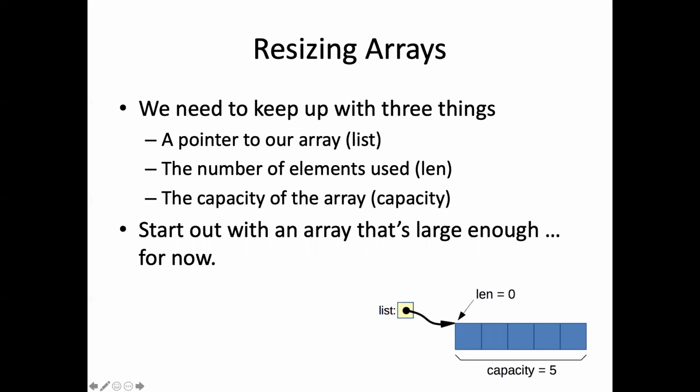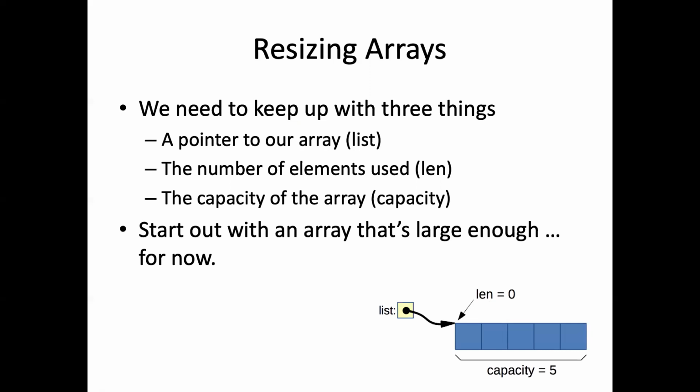So I've got a list. It's going to be a pointer to some dynamically allocated memory. I need to know how many things are in my list. As I put items in it, I need to count the number of items I put in it so that I can know when I'm going to run out of space. So I'm going to have a variable called len, which I think of as the length of the array or how much stuff is in it now. And I'm going to need one more variable for keeping up with how big the array is.